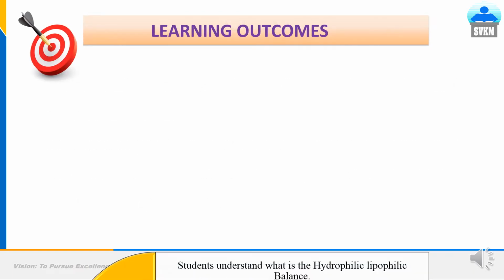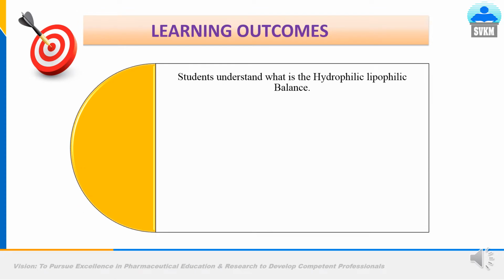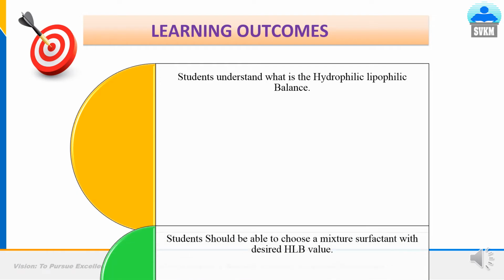Learning outcomes. At the end of this session, students should understand what is the hydrophilic lipophilic balance. It means students should know what is HLB scale and where this HLB scale is used.